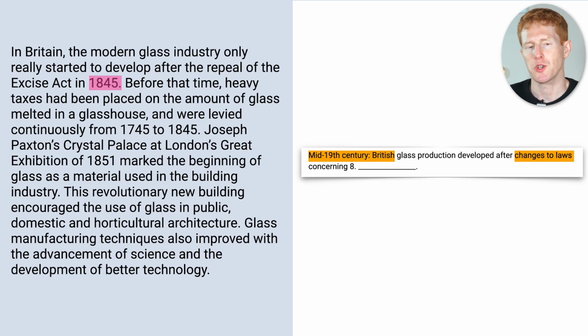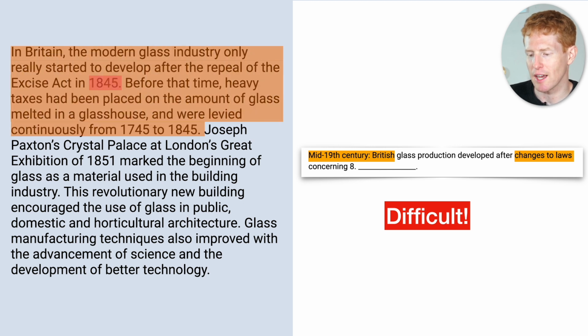Pause the video and choose the answer. Okay, this one is a bit more difficult. I believe the answer is in this section here. What do you think it could be? Mid-19th century, British glass production developed after changes to laws concerning taxes.